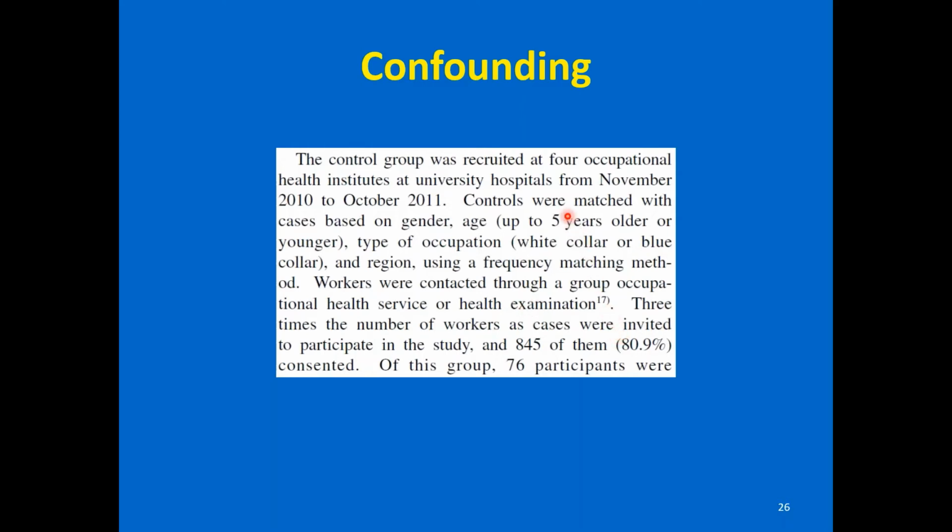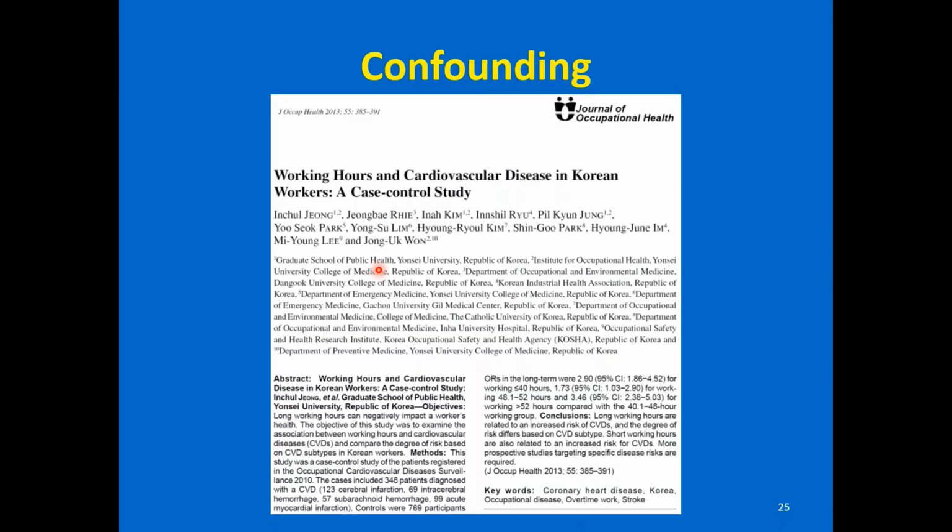So the moral of the story here is that because they identified gender, age, type of occupation, and region as key confounders to the association between working hours and cardiovascular disease, they matched using these few variables. That's how you exclude or remove or control or adjust or take into account, which is the same.